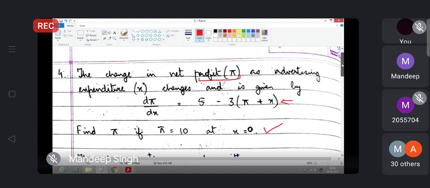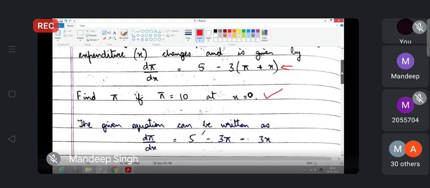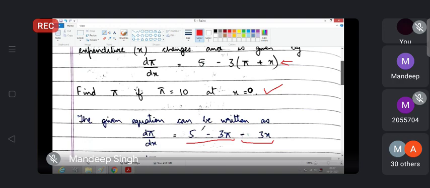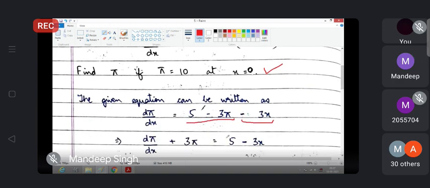ठीक है. मल्टीप्लाई कर दो दोनों टर्म्स को 3 के साथ. We get d pi over dx is equal to 5 minus 3 pi minus 3x. Taking 3 pi on the left hand side, we get d pi over dx plus 3 pi is equal to 5 minus 3x.